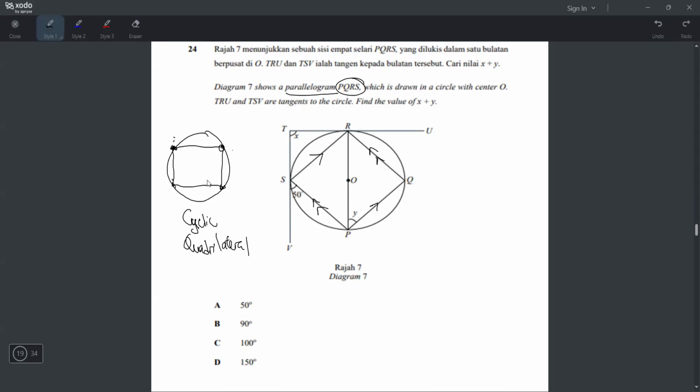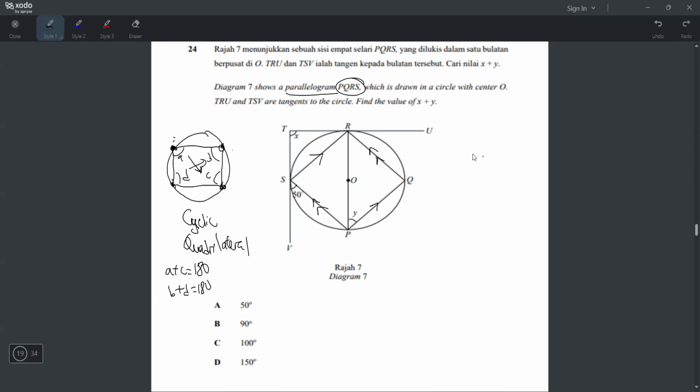If all four are on the circle, then you can use this formula. A, B, C, D: A plus C equals 180, B plus D equals 180. But only when it's a cyclic quadrilateral can you use this formula. You have to make sure all four corners are on the circle. If not, then you cannot.